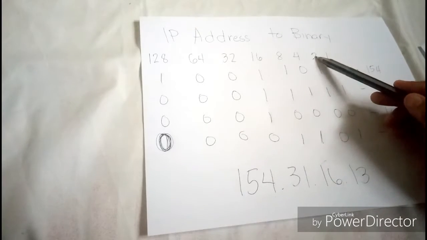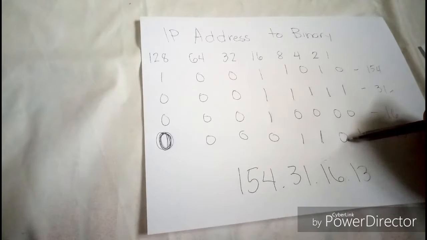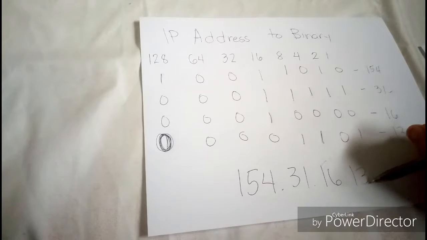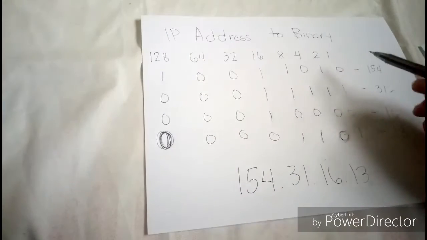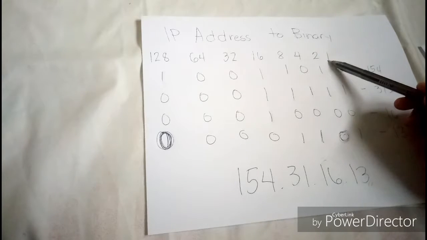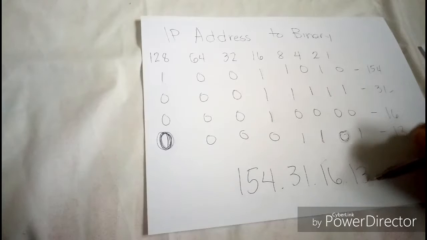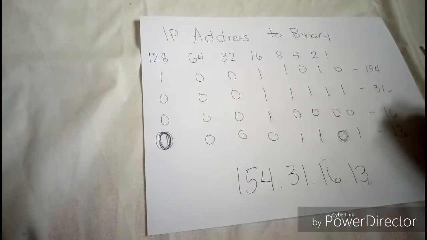Then 2. If I add 12 and 2, it will have the sum of 14. So it will be over for 13. That's why I put 0 here. Then the last one is 1. And 12 plus 1 is equal to 13. So I will have the value of 13.